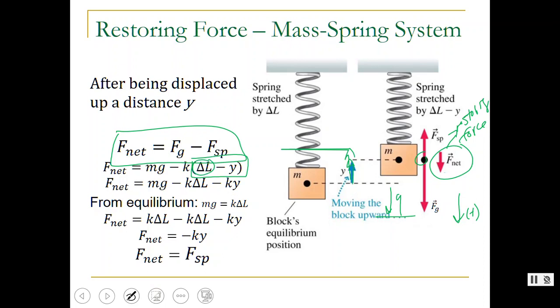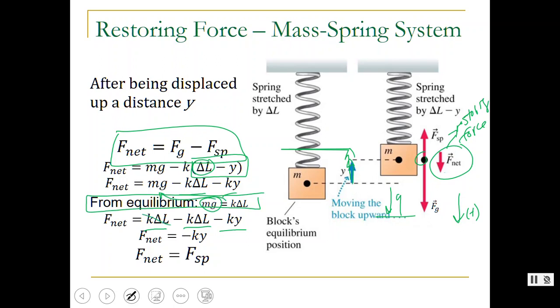If we distribute that, we get k delta L and then ky. But we learned from the previous slide that mg was equal to k delta L. So when you sub in k delta L for mg, you get k delta L minus k delta L minus ky.